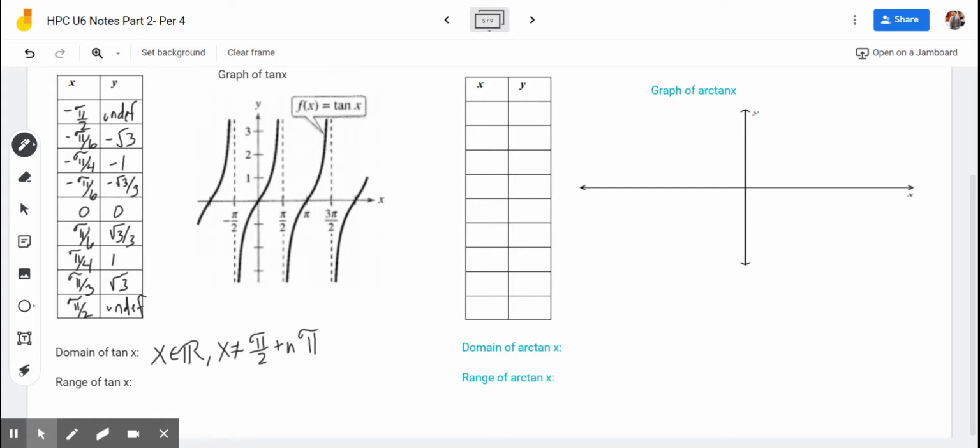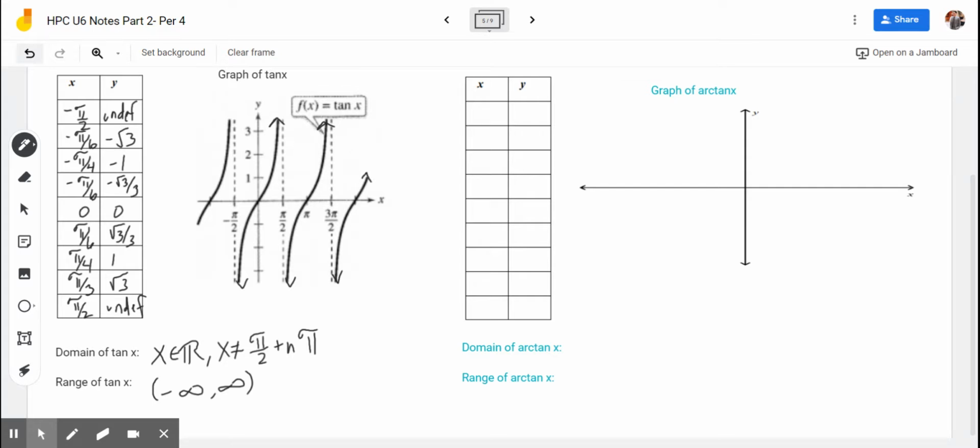And the range was all real numbers, negative infinity to infinity, because it kind of looked like this backward Saturday Night Fever function, going down to negative infinity and up to positive infinity in between our vertical asymptotes.